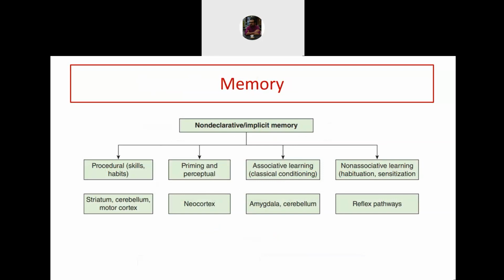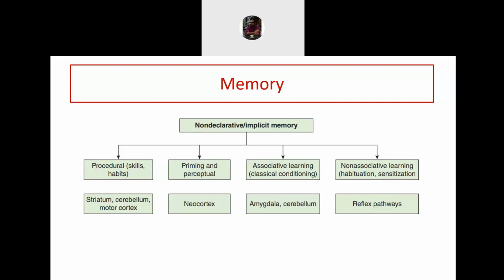One very common implicit memory is a procedure, like riding a bicycle or playing a violin. These are skills that we learn, and these skills are stored in those parts of the brain that regulate our movement. Quite understandably, that will be the motor cortex, the coordinating part, the cerebellum, and the planning part, the basal ganglia, that is striatum.